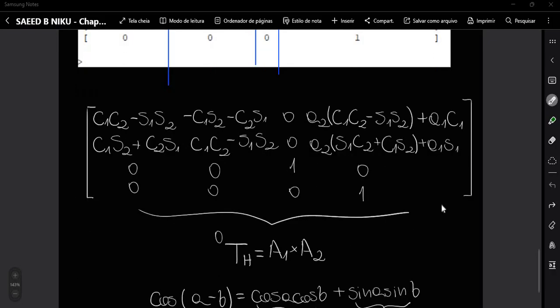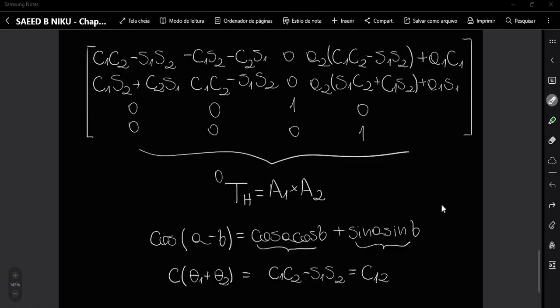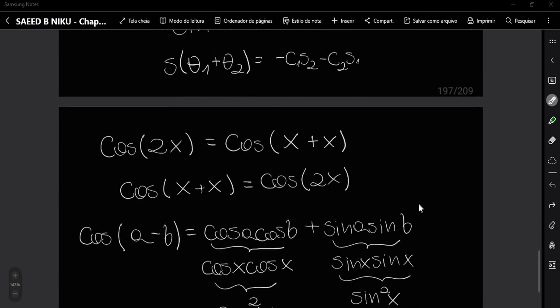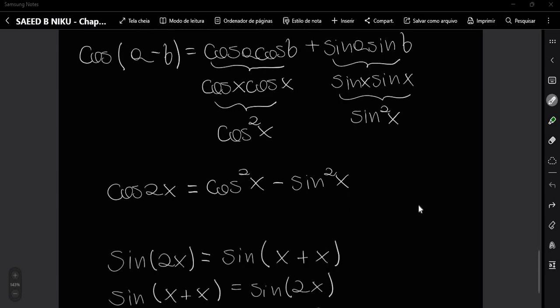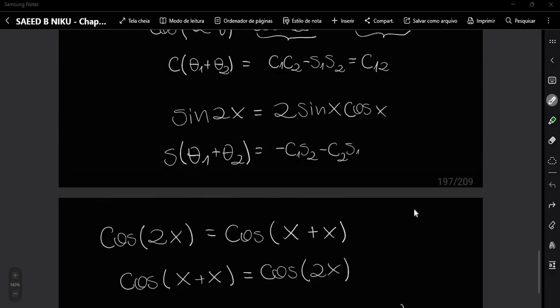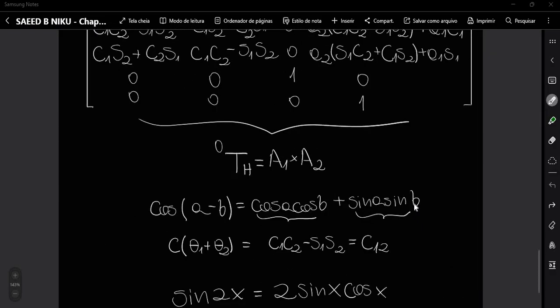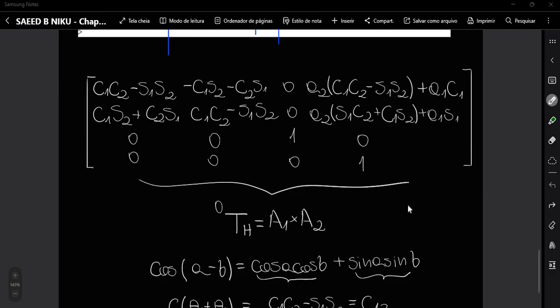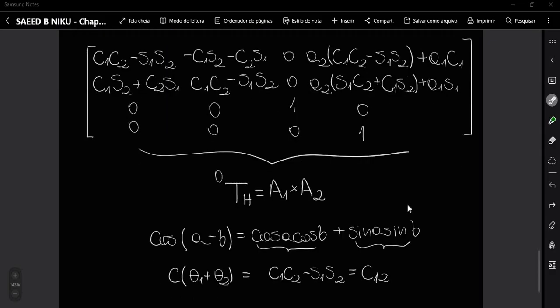Okay, and in the last video we were simplifying this matrix, and what happened is that I sped up the explanation of how the book simplifies it.